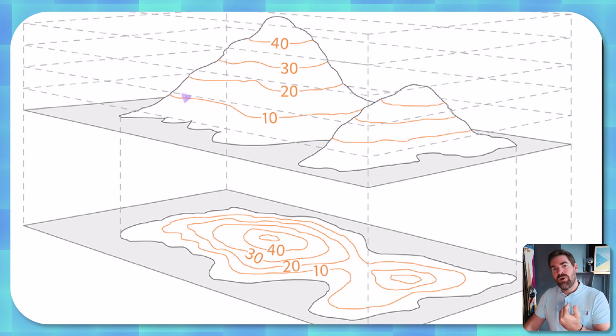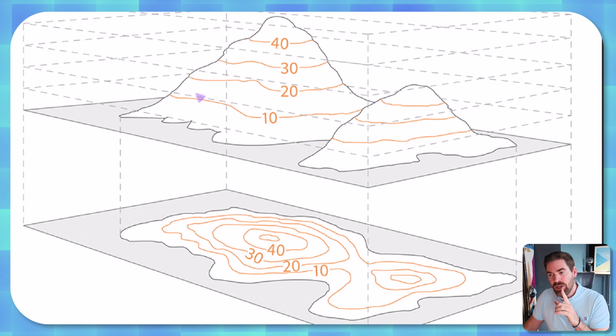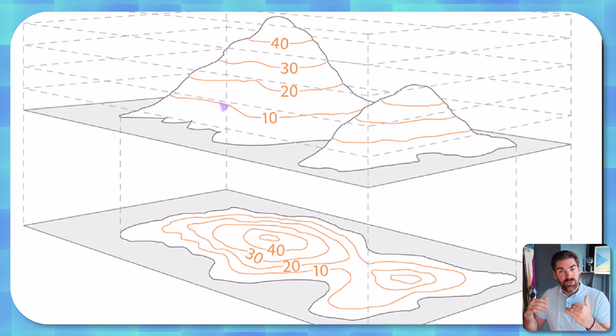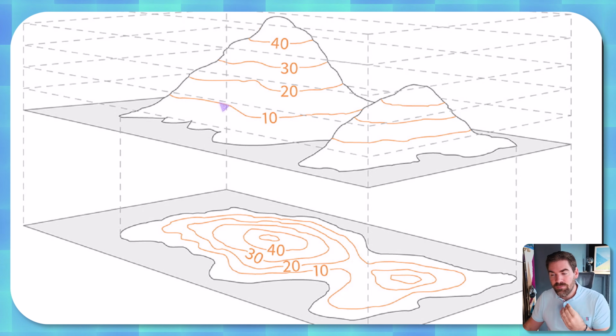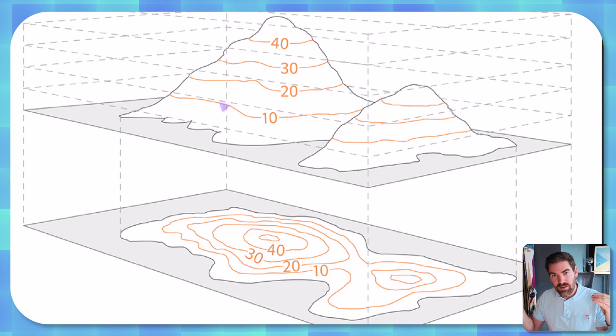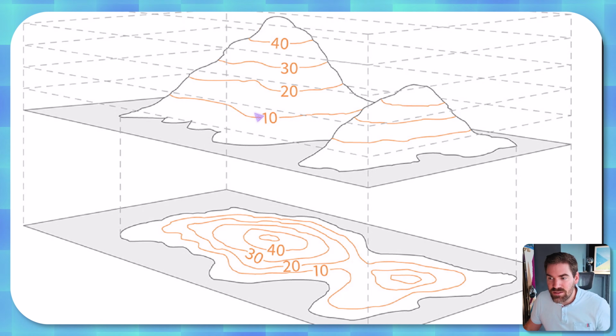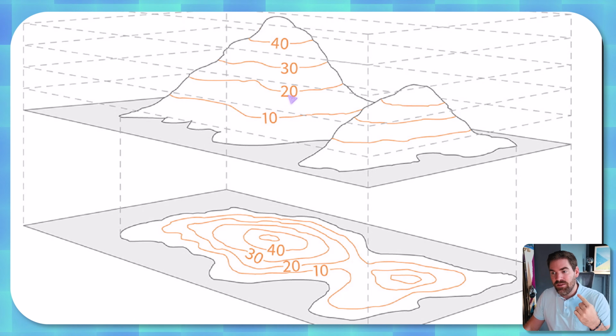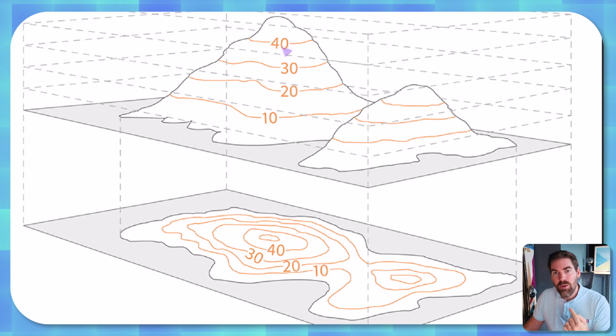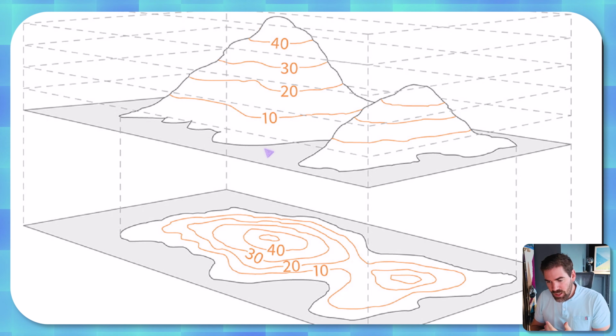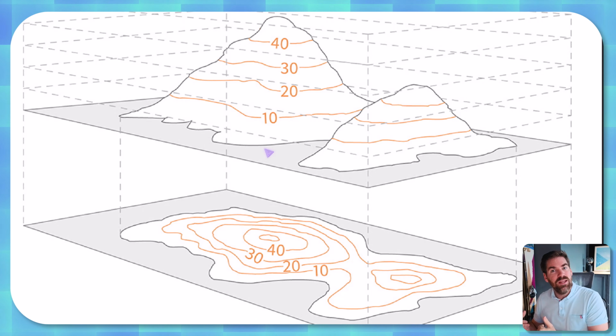And what we do with marching cubes is exactly this. We are going to compute these iso surfaces by tying in a similar scalar field. In this case, the scalar field that we use is the height, 10, 20, 30, 40. But in the case of marching cubes, this can be anything else that we define.